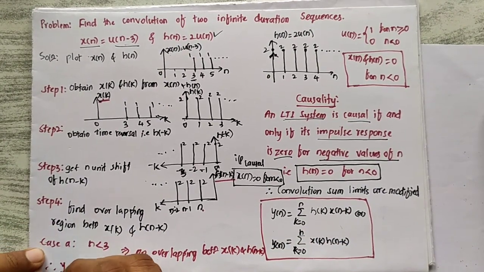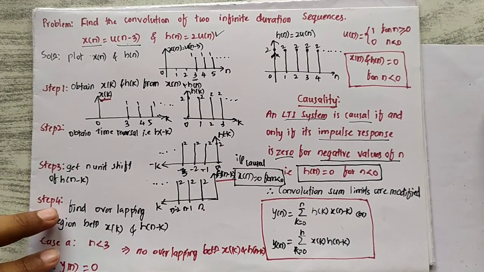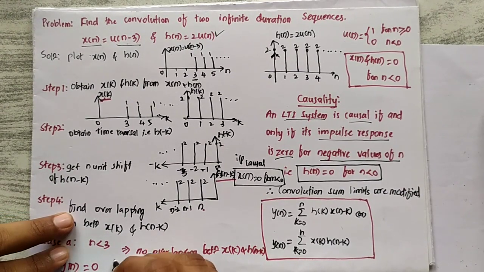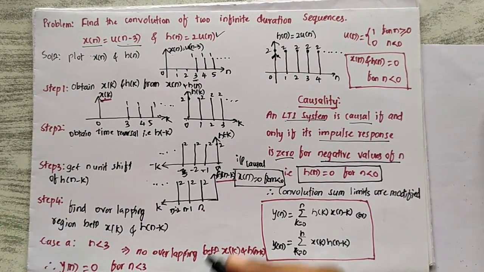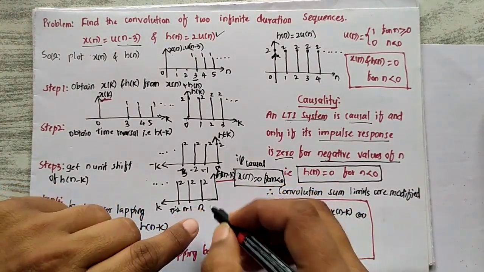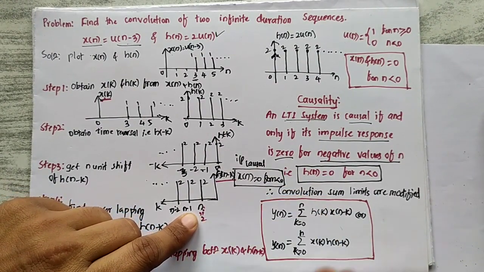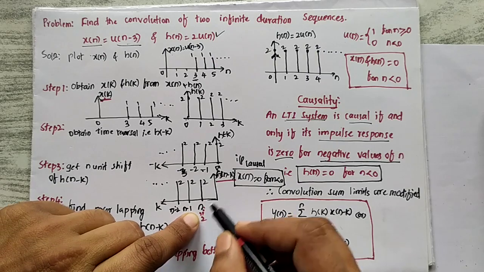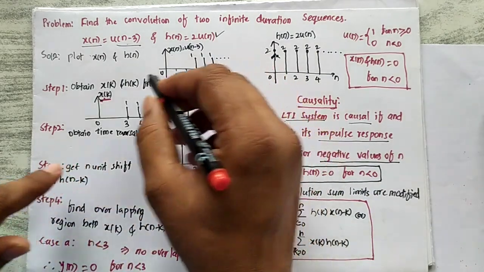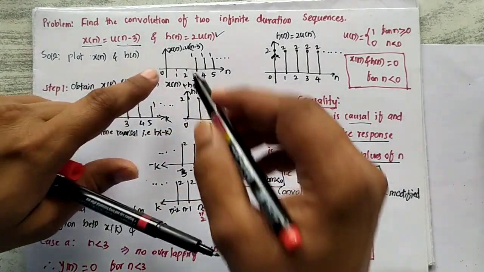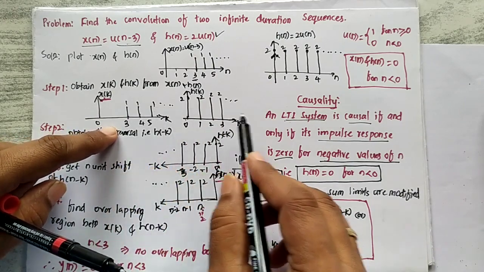So my y of n will be 0 for n less than 3. As you can see here, consider n is less than 3, means if it is 2, what will happen? Your h of n minus k starts at 2 and it will go towards the negative infinite. And what about our x of k? X of k starts at 3 and it goes to positive infinite.